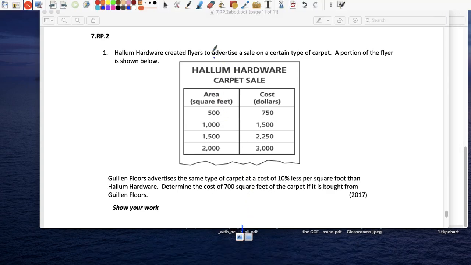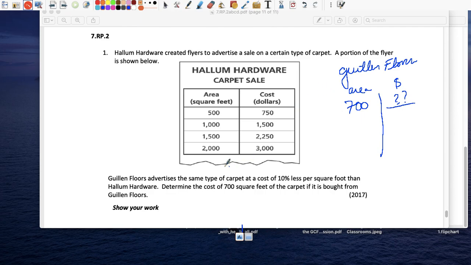Okay, so if you go to this store, let me write the other store, Girl and Floors. Right? And you want to buy 700 square feet. How much would it cost? So the area, square feet, and you want to find the total amount. That's what the question is.